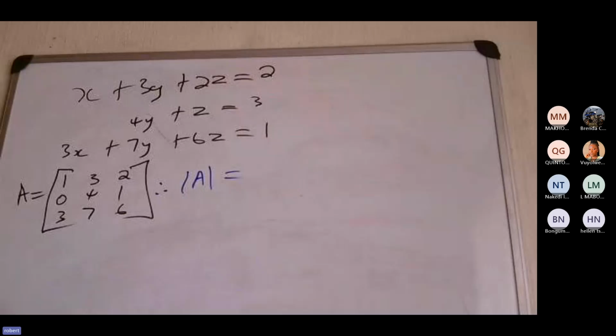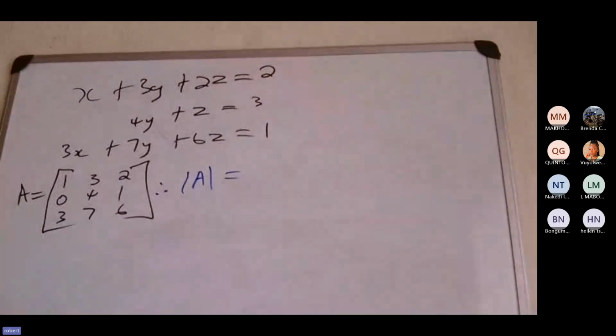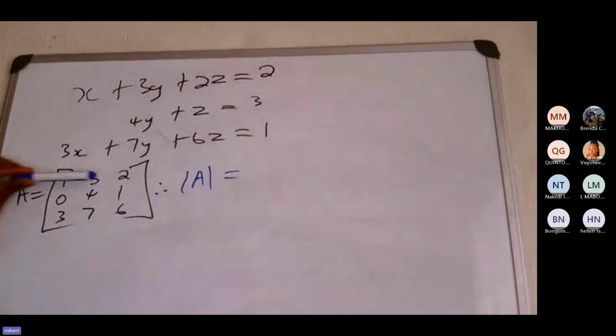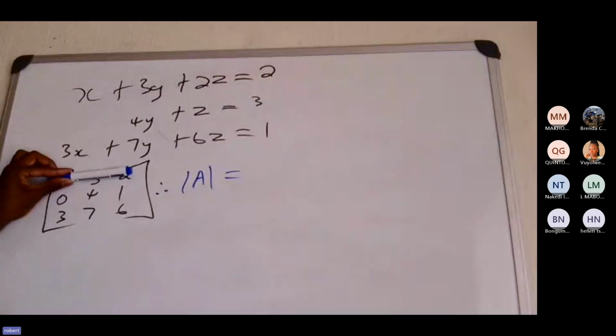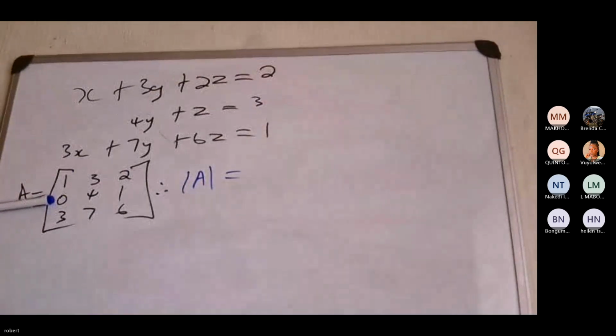So with expansion, we've said preferably use a row or a column that has got 0 entries. Which column or which row has got 0 entries? The first row, does it have any 0 here? No. What about the second row? Yes, there is.